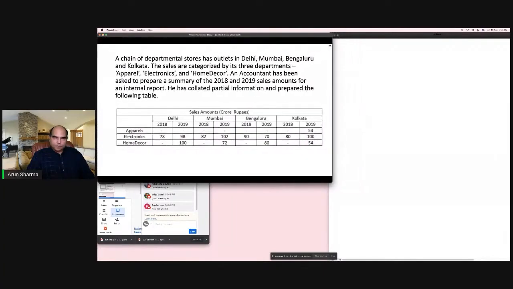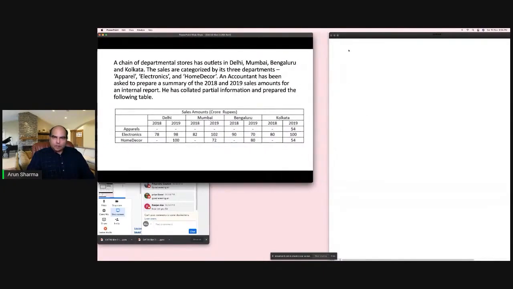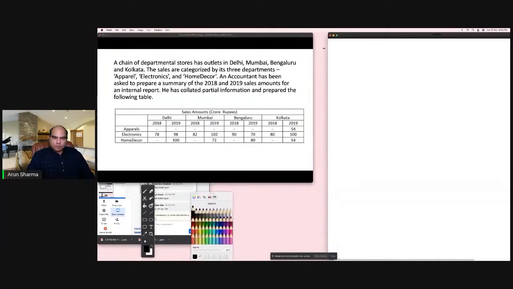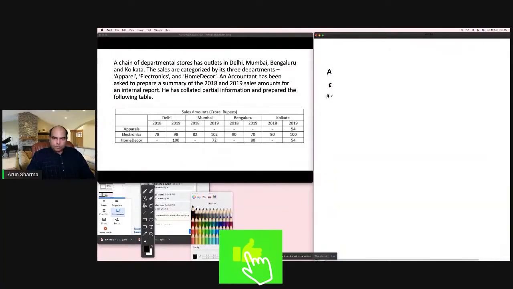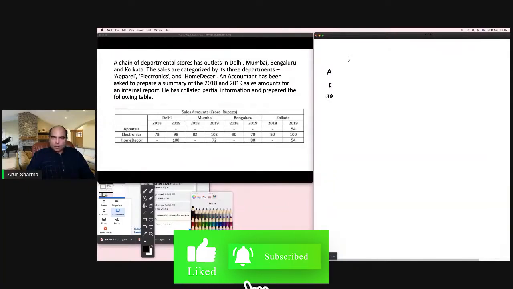Let me just organize my screen like this, right? So the first thing you'll have to draw on your sheet is this table: apparels, electronics, and home decor. And you have Delhi.